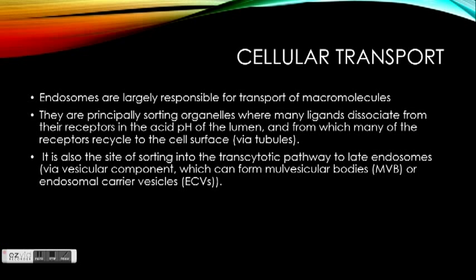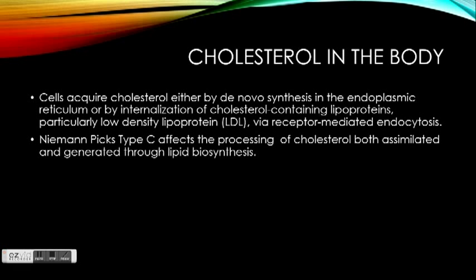Endosomes are largely responsible for transport of macromolecules. They primarily are sorting organelles where many ligands dissociate from their receptors in the acidic pH of the lumen, and from which many of the receptors recycle to the cell surface. It is also the site of sorting into the transcytotic pathway to late endosomes.